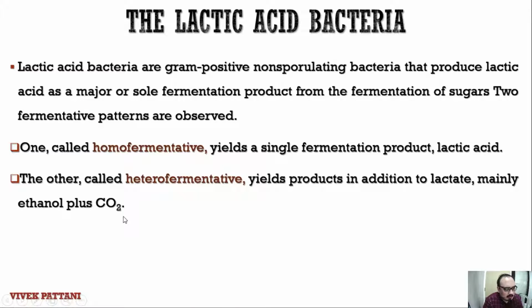Most lactic acid bacteria are gram positive, non-sporulating bacteria that produce lactic acid as a major or sole fermentation product from the fermentation of sugars. Two fermentation patterns are observed: one is homofermentative and the other is heterofermentative.